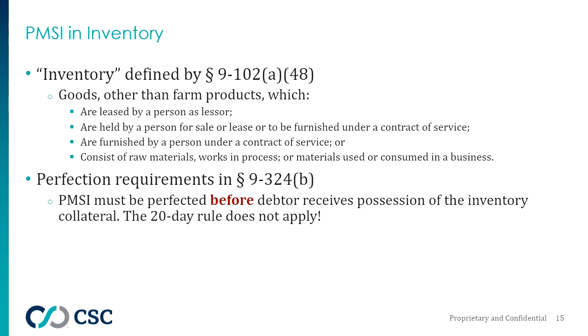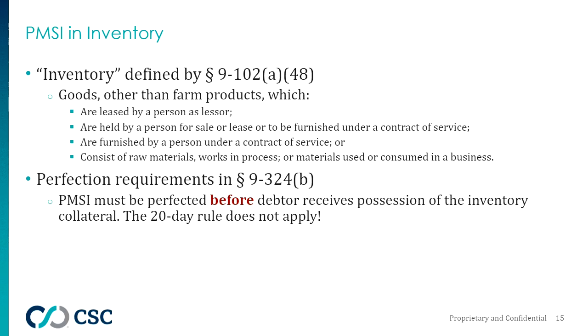If they're furnished under a contract of service, again, replacement parts, things like that, and raw materials and work in progress as it's being assembled, or also materials used or consumed in the business. So it's a broad range. So it's not just the inventory that's being held for sale. It can be a broader range.